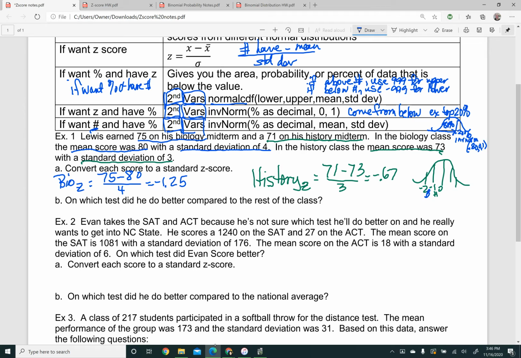Which one's better? Now we can compare them because they're on the same curve. It looks like his biology grade would be better because it's a higher score. He got a 75 versus a 71. But as we norm these, the history grade is better because his z-score is higher.